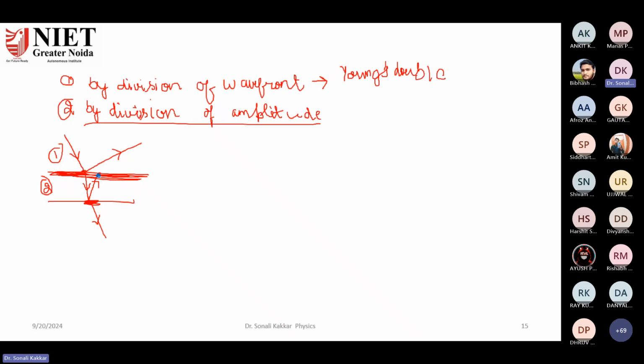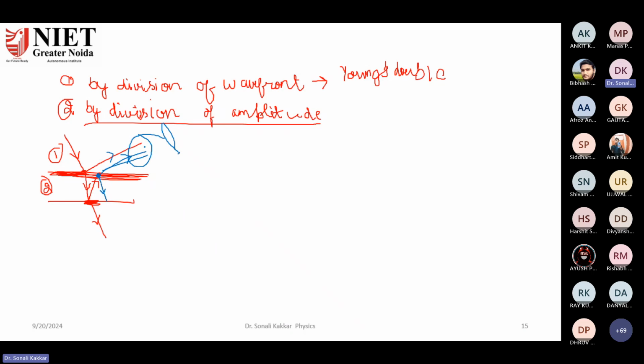If it is reflected into the medium, it will go back like this, and after refraction, it will go parallel to the above ray, like this. These two rays are parallel to each other, but if we place a lens, they can superimpose on each other.